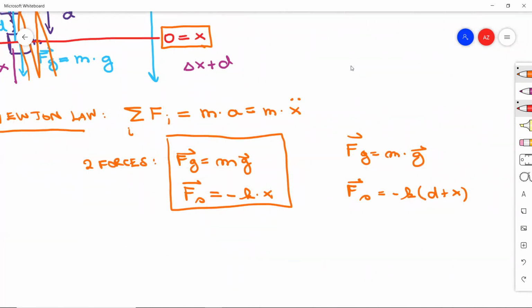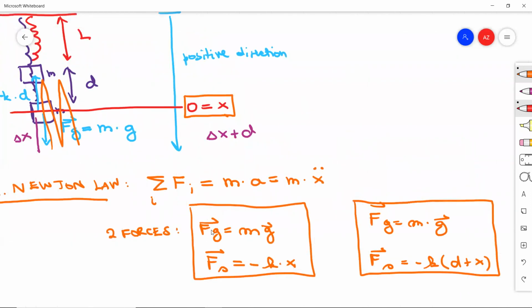Okay, in fact this is the correct one, because m times g cancels out with k times d. But the first model would be correct if the origin would be here.